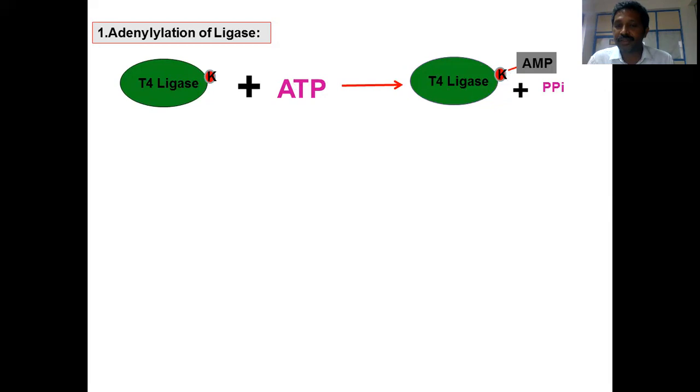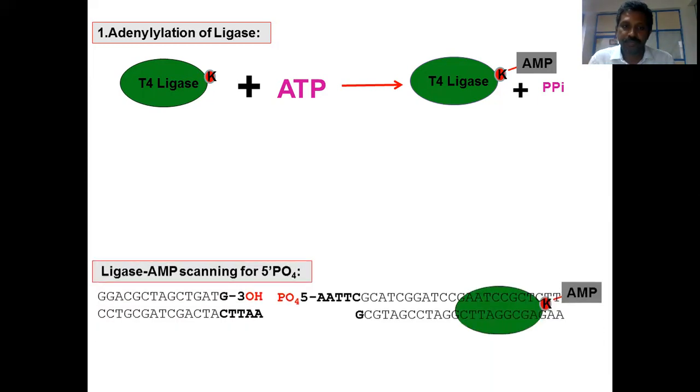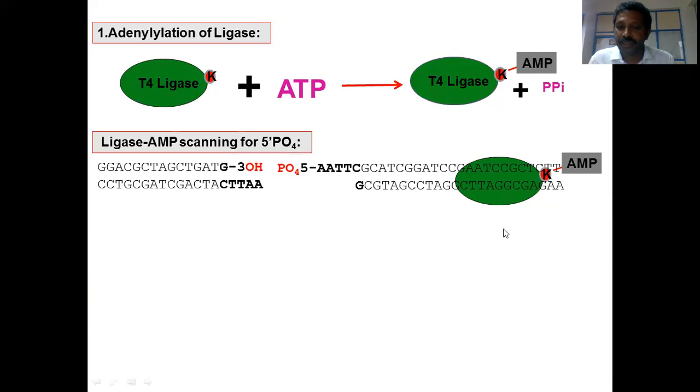This adenylated ligase will look for the 5' phosphate at the 5' termini of DNA in the DNA strands to seal the nicks. So in that process, adenylated ligase will scan the DNA for the 5' phosphate. You see, T4 DNA ligase, which is adenylated, is now scanning for the 5' phosphate in the DNA.